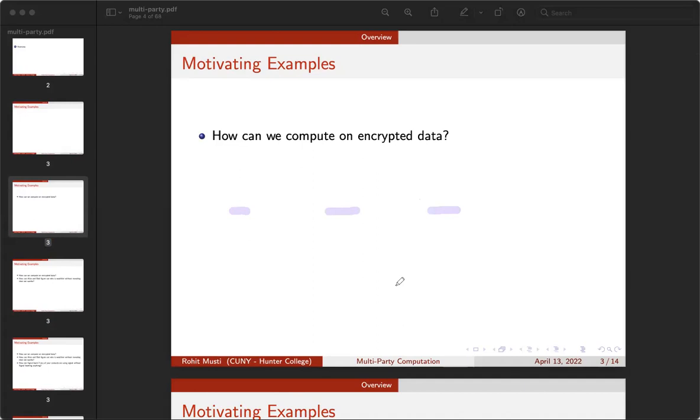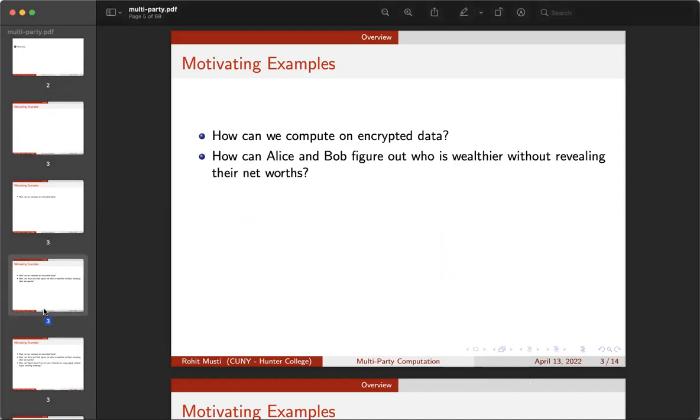Can we design a type of encryption that allows us to compute on that data? Let's say they're 1, 2, and 4. Can we design some kind of system that allows us to sum up this data without revealing that data? So it's another example of how you might want to use multi-party computation.